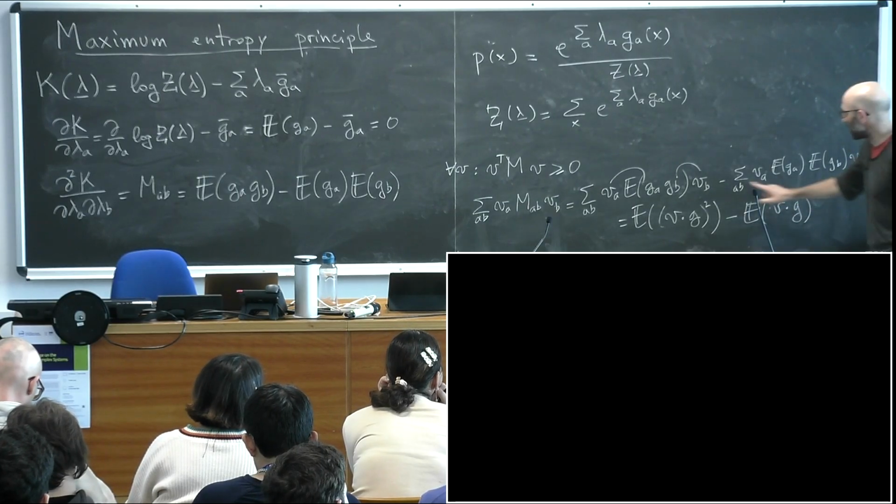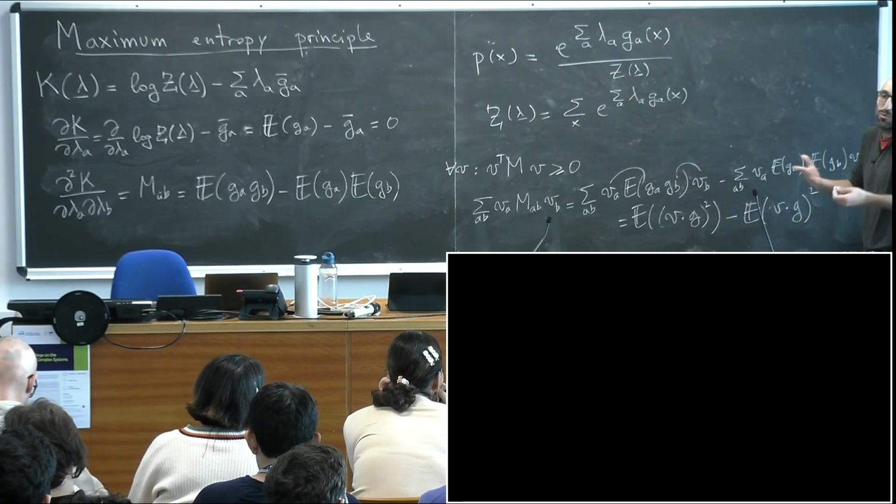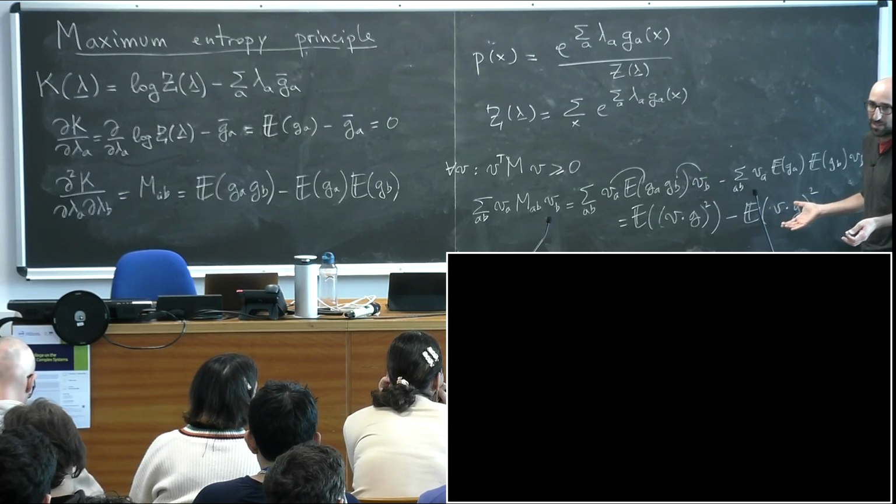So this quantity here is the variance of a random variable, and the random variable is v dot g. Now we know that variances are positive.